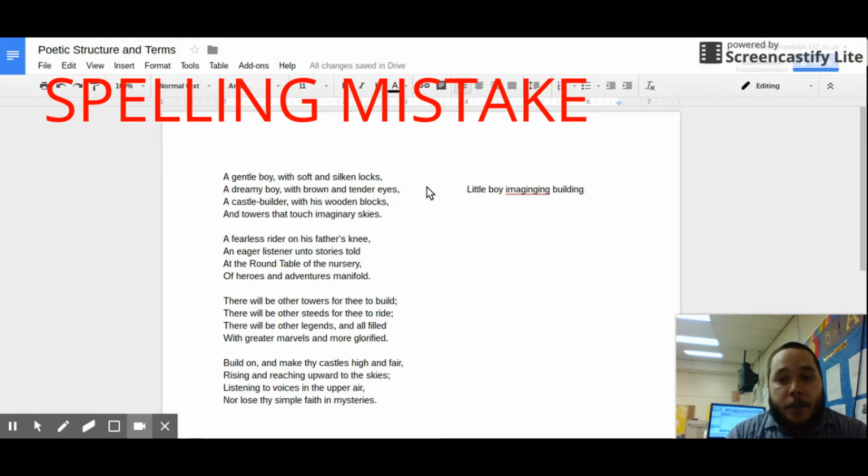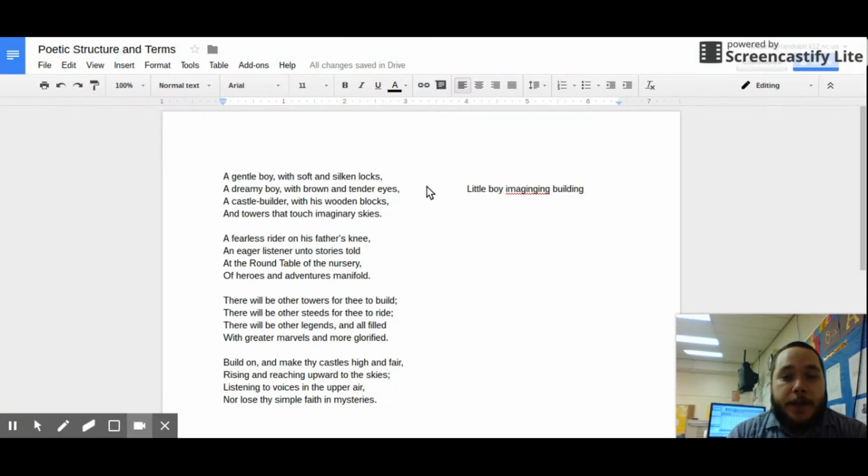This is a great stanza for a lot of different reasons. We can look at a couple of things here and talk about structure as well as other terms. The first thing we do after the stanza is look at the rhyme scheme. So we have locks, eyes, blocks, skies. I look at the first word, no matter what it is, and put an A next to it.